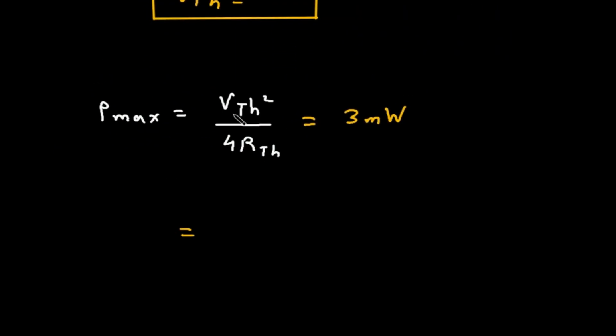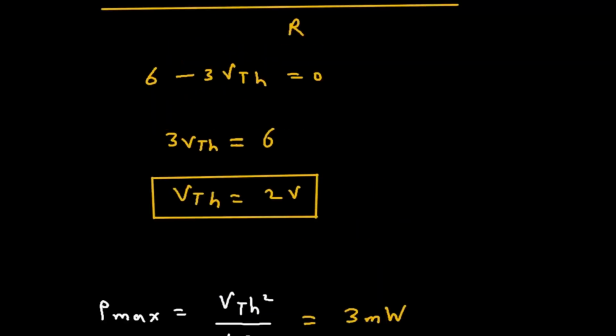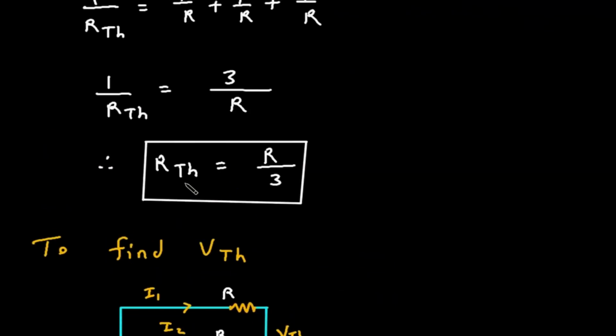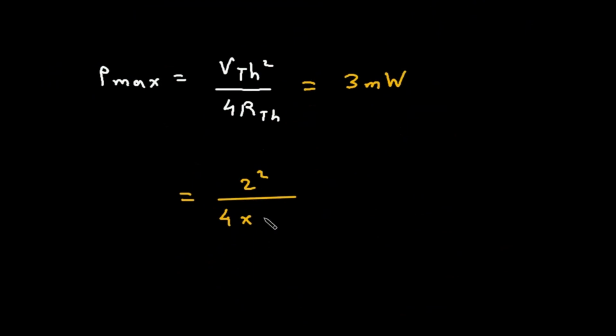So this is equal to VTH square, 2 square, divided by 4 into RTH. Now RTH is equal to R by 3. Now this is equal to 3 milliwatts, so 3 into 10 raised to the power minus 3.